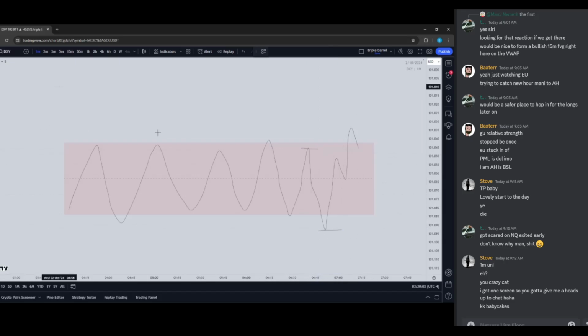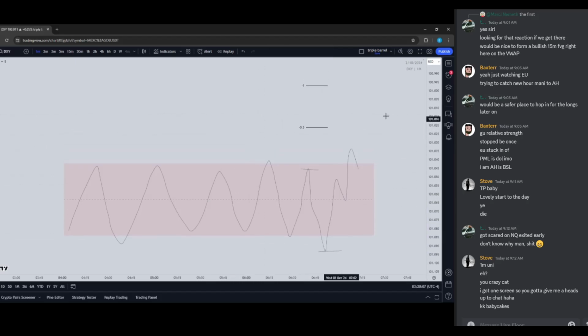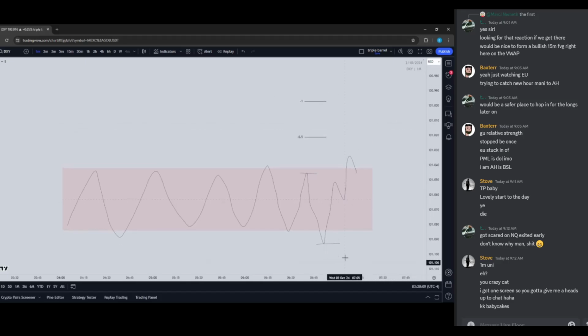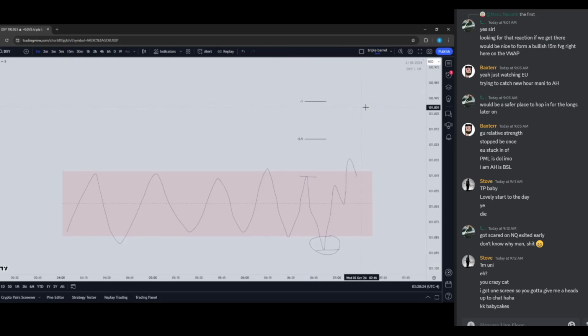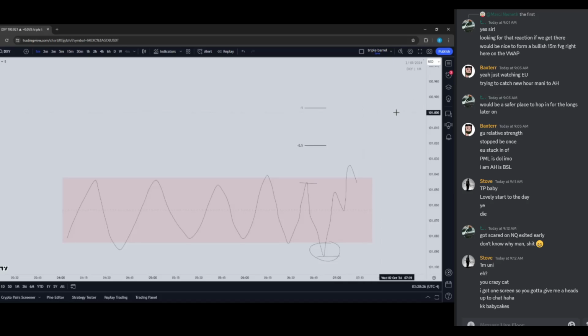I've tried to find out why we take the standard deviation off the manipulation leg. I think it's just because we have an extreme outlier that maybe skews the data from the range, and maybe that creates some sort of anchor point. But there's no evidence or anyone talking about exactly why it does it.